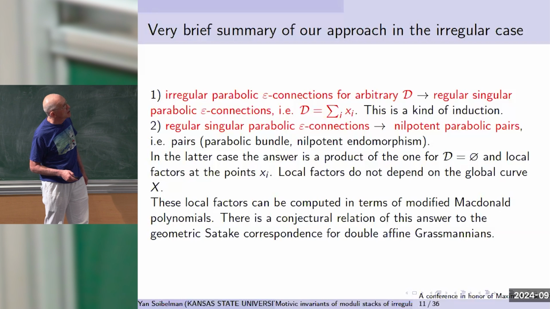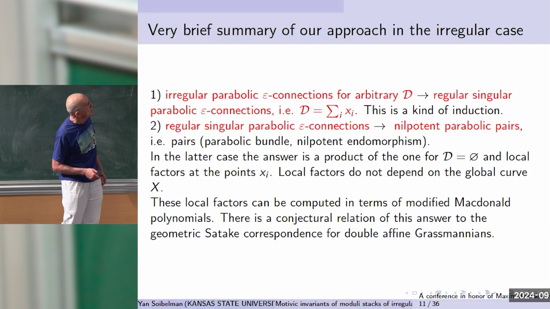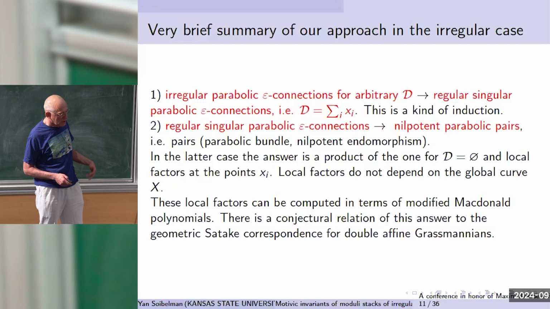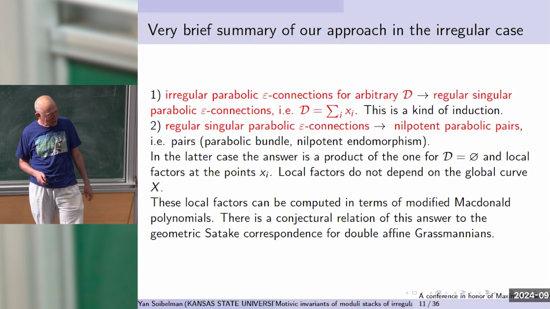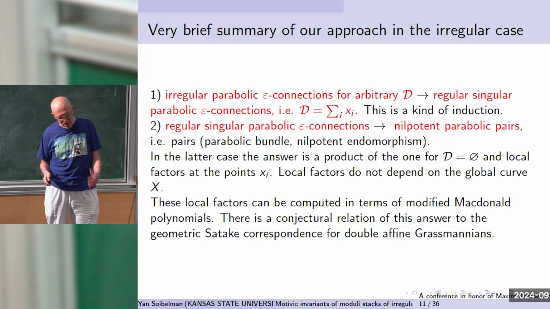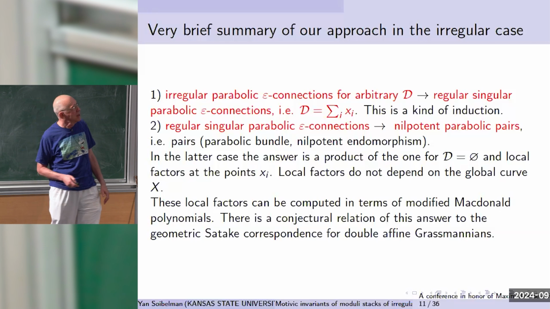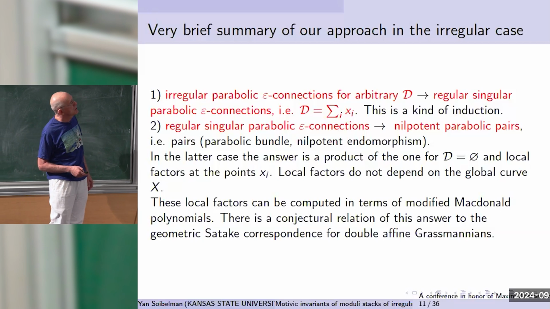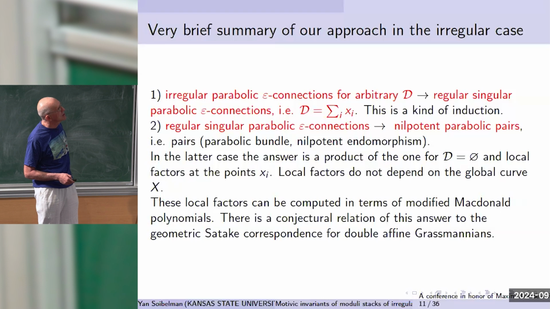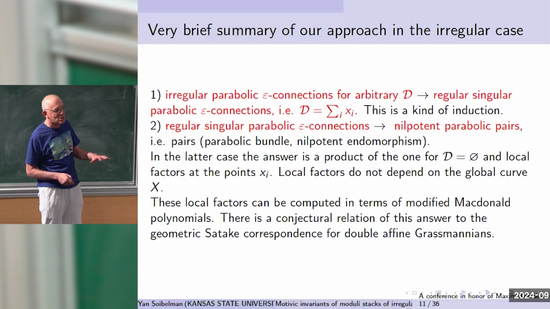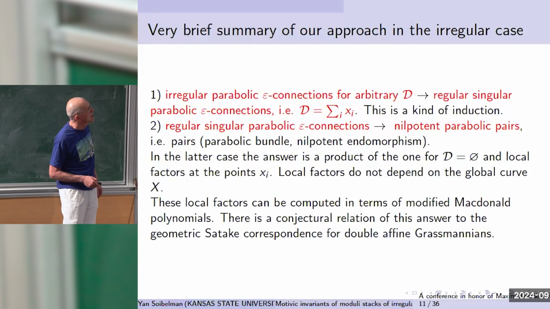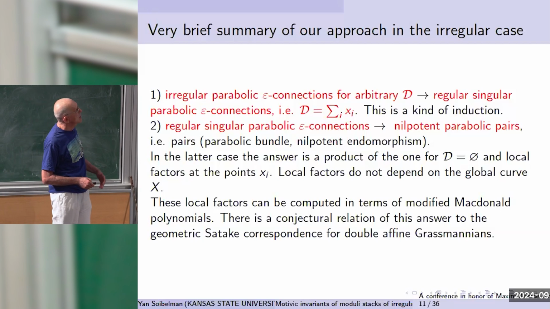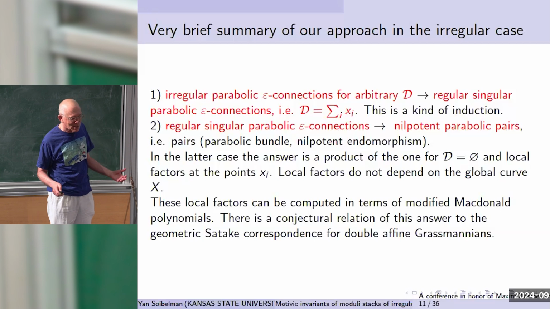And in this case, there was a remarkable result of Mellit in the case of finite fields, and we found the Motivic upgrade, which says that for nilpotent parabolic pairs, the result is a product of the one with no marked points and no flags, and certain local factors. And these local factors are independent of anything.